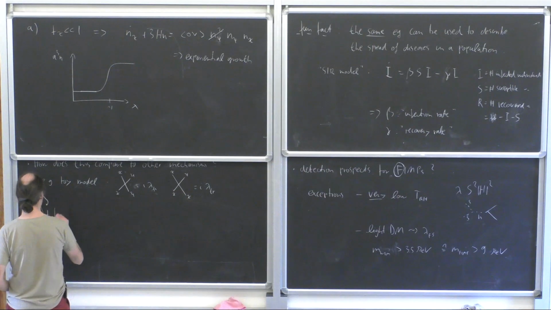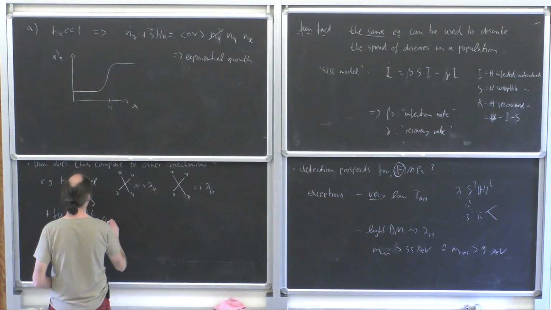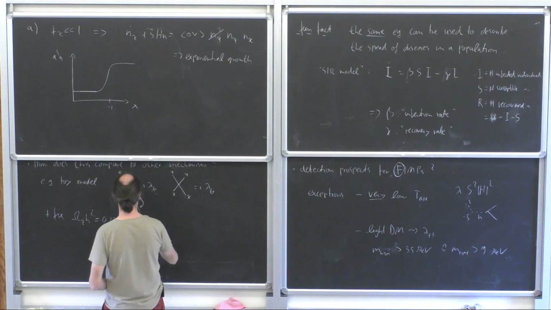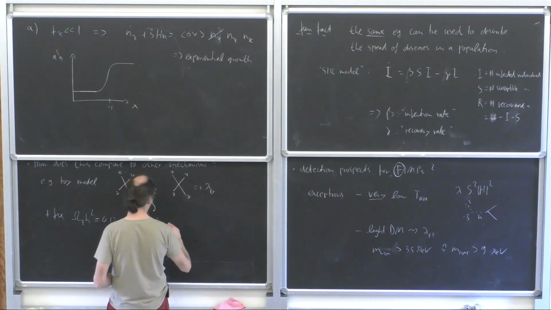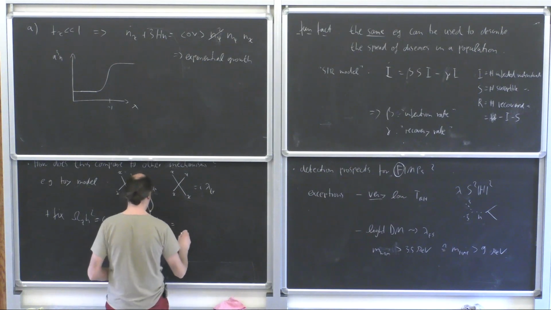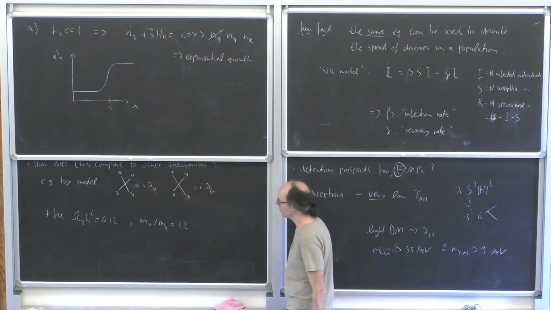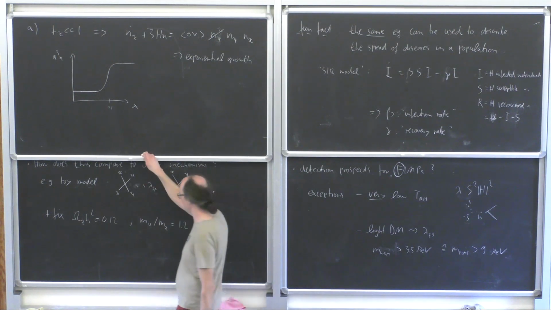So I want to fix the dark matter density to the correct value. And let's say for the purpose of what I will sketch, I choose a situation where the standard model particles are actually slightly heavier than the dark matter particles.